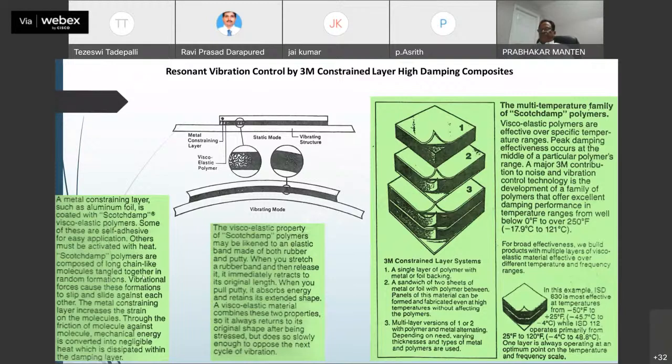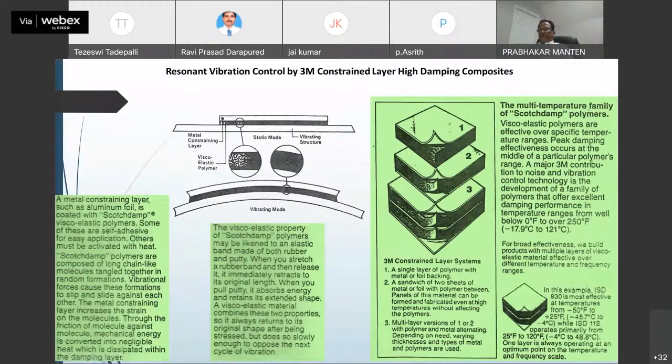These viscoelastic materials are made up of chains tangled together in random formation. Whenever they are moved dynamically, vibrational forces cause these formations to slip and slide against each other inside. The metal constraining layer increases the strain in the molecules, making the movement and stresses larger, as opposed to the smaller longitudinal deflections without that constraining.